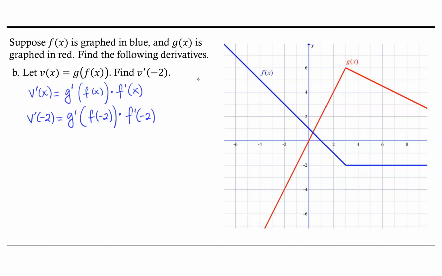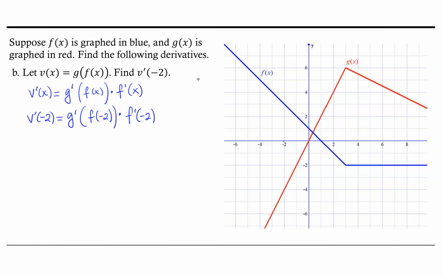So this is going to be slightly different than what we did before. First of all, we need to know what f of -2 is. We need to find this value so that we can then look at finding g prime and f prime. So what is f at -2?